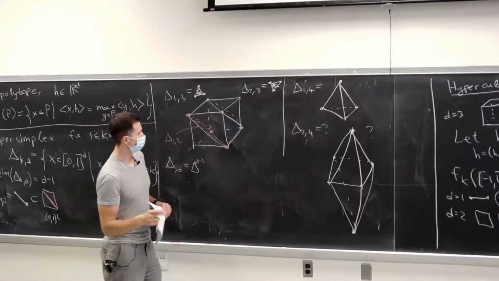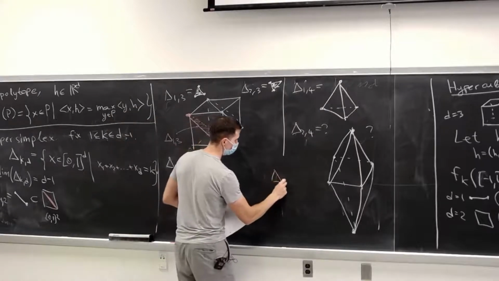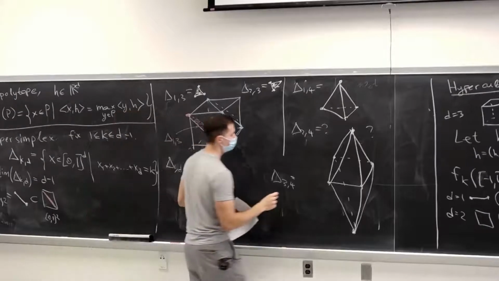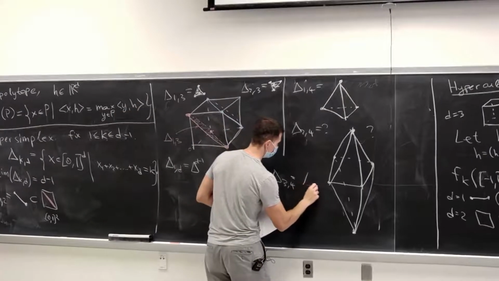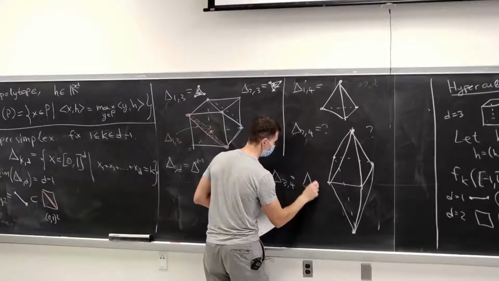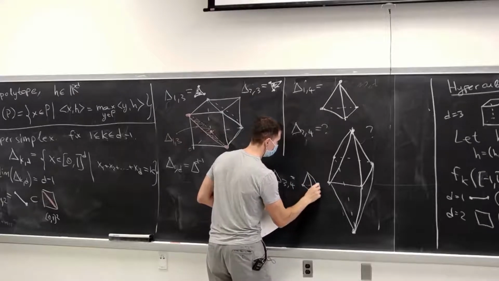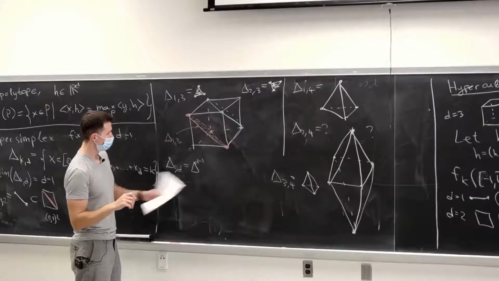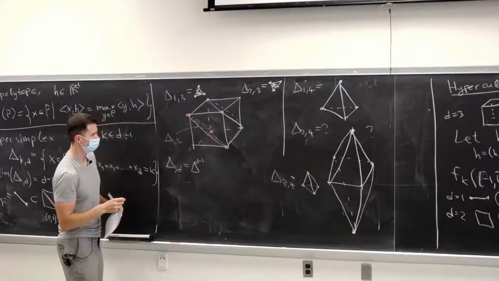Seems like an octahedron. What about delta 3, 4? Okay, it's an upside down tetrahedron. Let me just draw the tetrahedron again. I can't really draw the upside down one. And that's all correct, as we're going to see in a little bit.